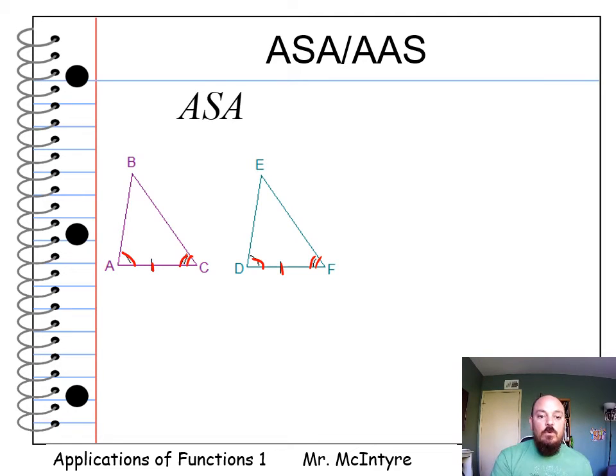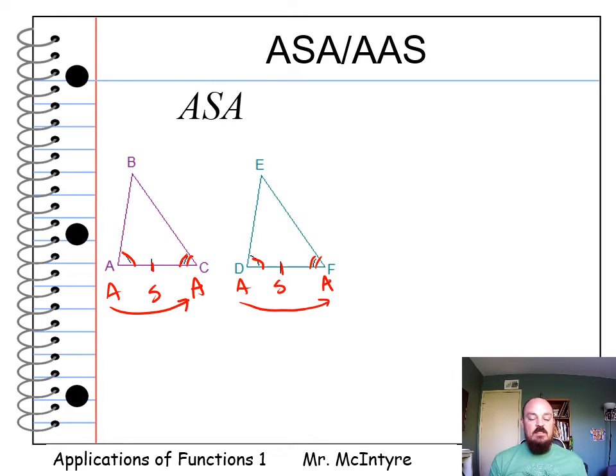So going in order, it goes angle, side, angle, ASA. And then the same thing here, angle, side, angle. Going in order around the triangle, that's an ASA.